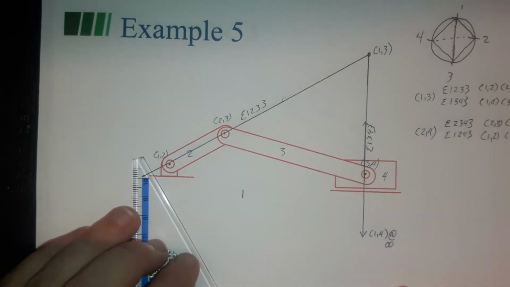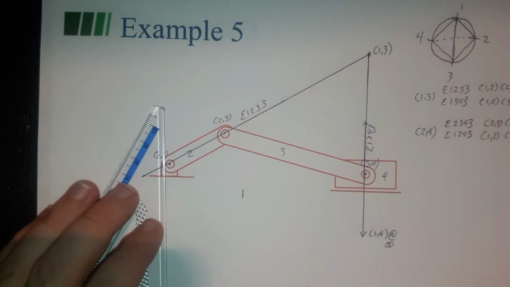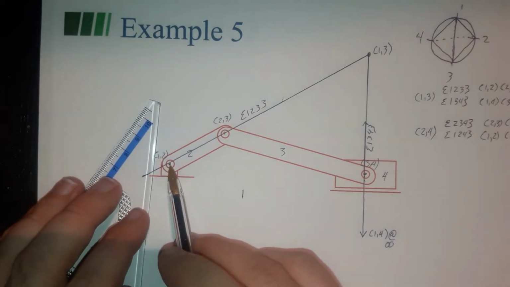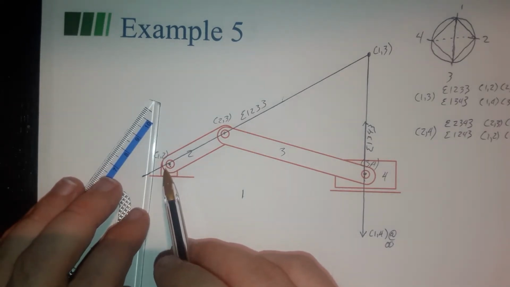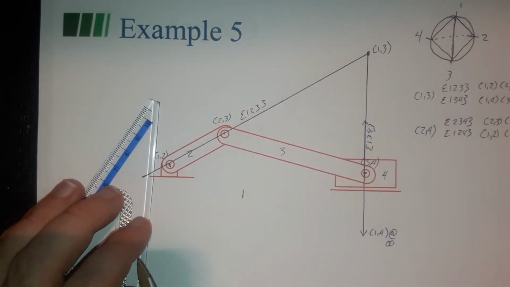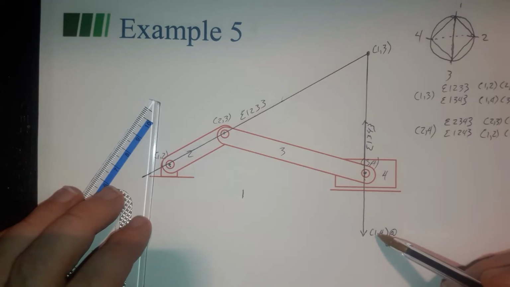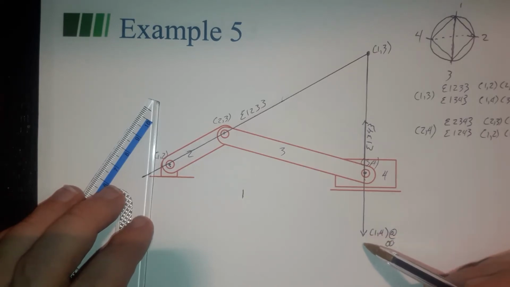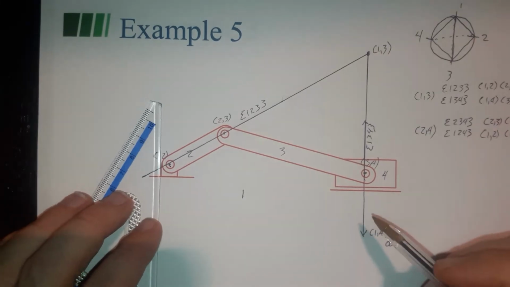So I need to connect the dots between 1, 4 and 1, 2. Now, this is where you really have to think about this 1, 4 being off at infinity, because 1, 4 is not at the end of this arrow. It's infinitely far in that direction.